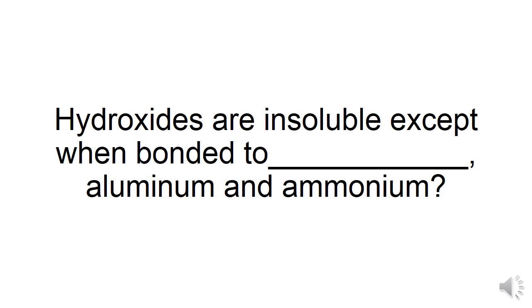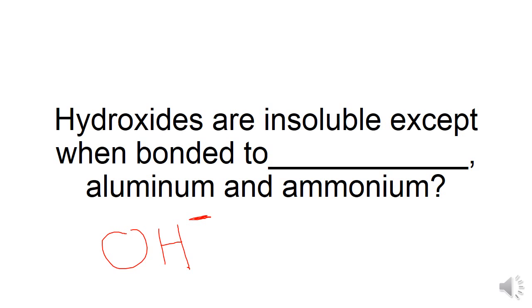Hydroxides. Hydroxides are insoluble except when bonded to blank, aluminum, and ammonium. So what other thing or entity is hydroxide soluble with? When I say hydroxide, I mean the OH negative polyatomic anion. So when bonded to aluminum and ammonium, it's soluble.